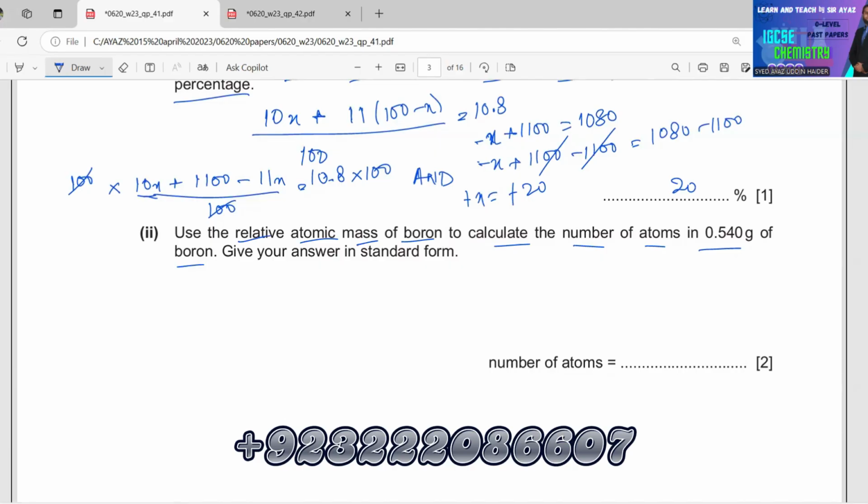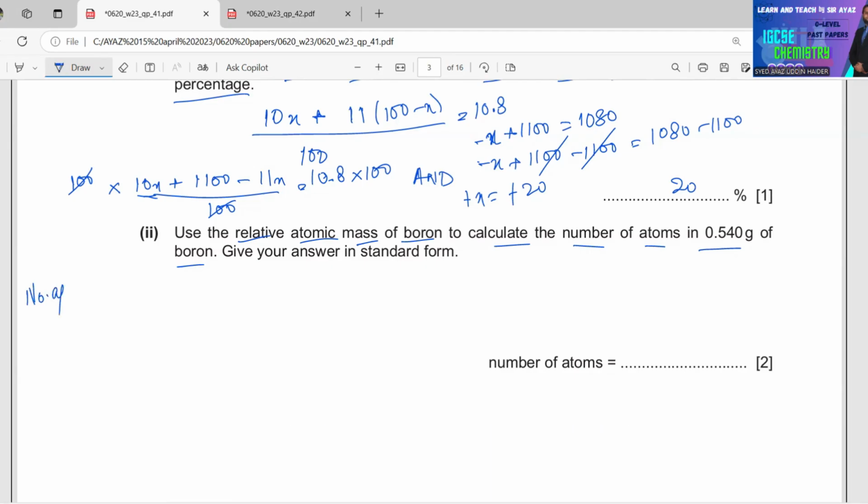You know the moles formula in order to calculate the moles. Number of moles is equal to mass in grams divided by AR or MR. In this case, we have AR.